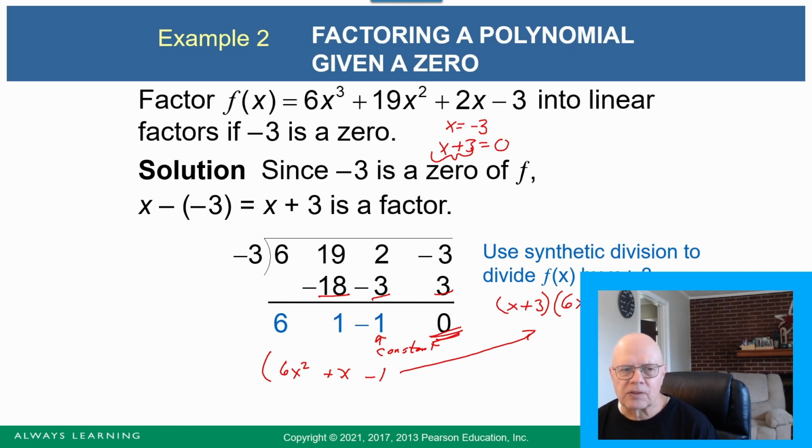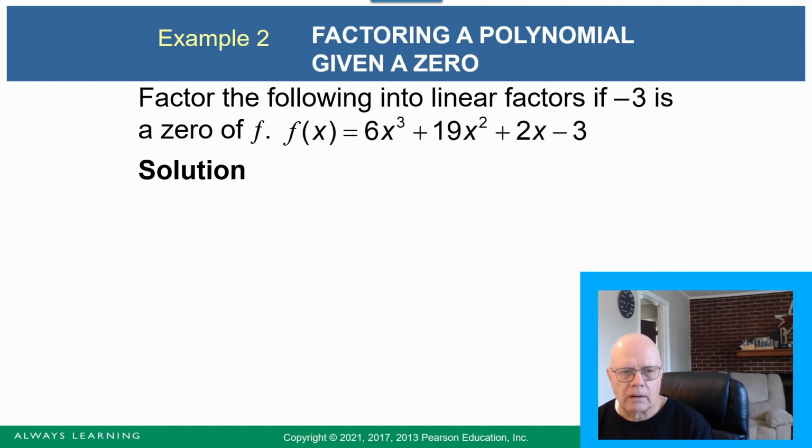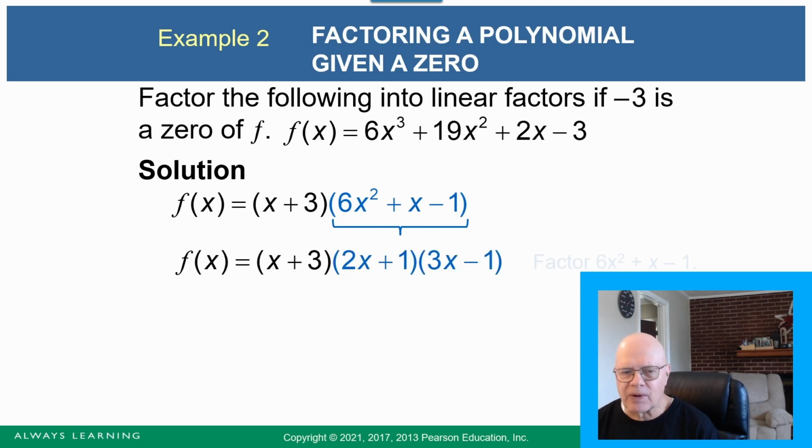Those are the factors. Now, you can take this, factor that. So there's our quotient dividing by x plus 3. And you can factor the 6x squared plus x minus 1. Not too hard.